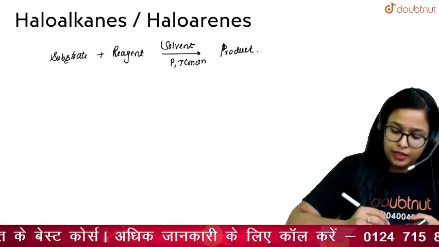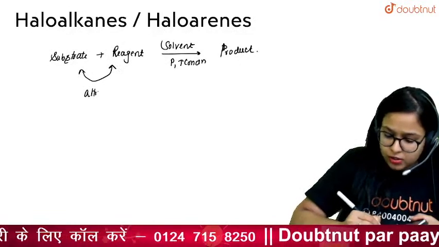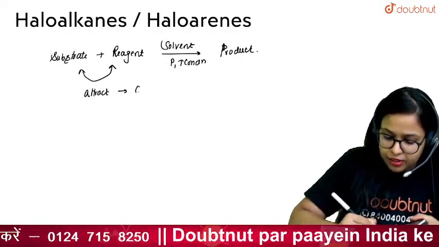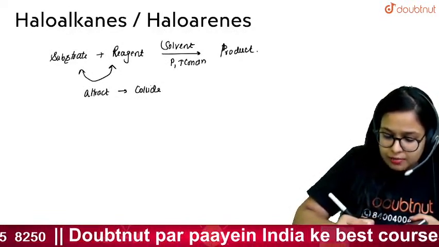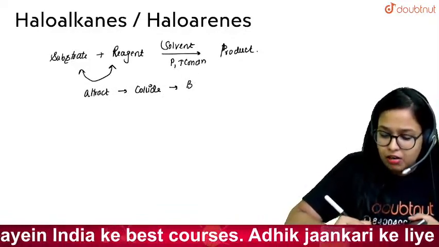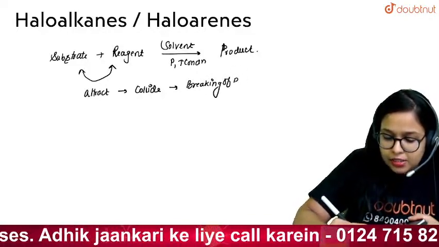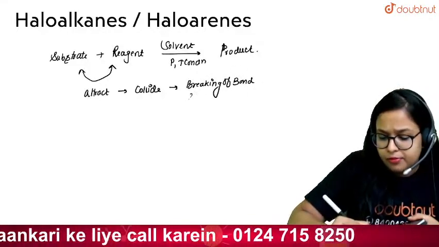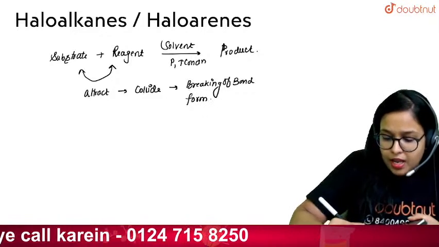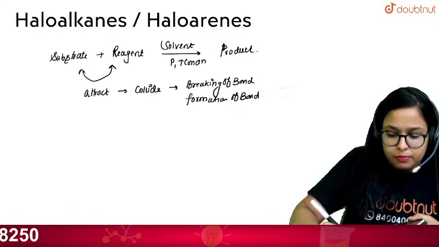I have told you that substrate and reagent first of all attract towards each other, then they collide, and a certain amount of energy is released. That energy is used for breaking of bonds as well as for formation of bonds, and after this breaking and formation of bonds, your final product is obtained.